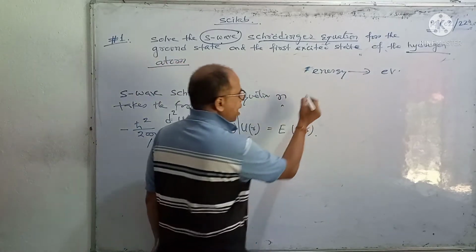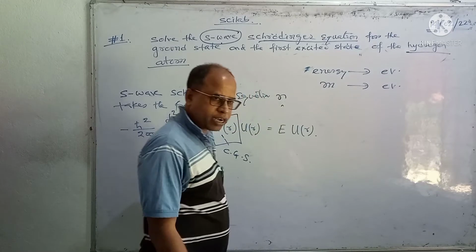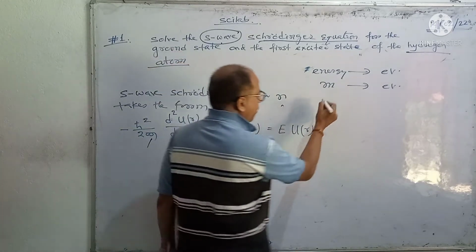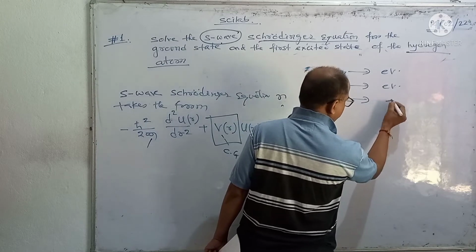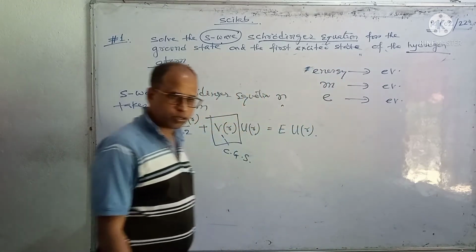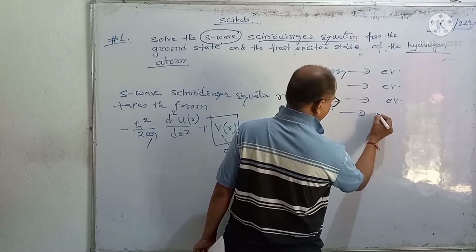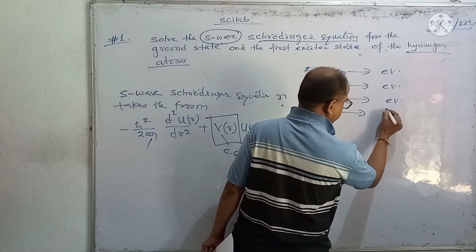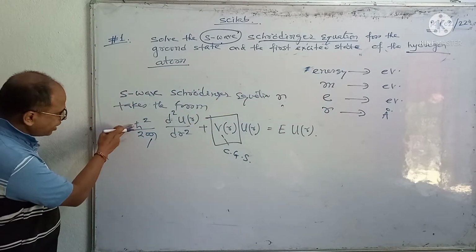Okay, and mass must be converted in electron volt. Okay, and your charge also has to be converted in electron volt. Okay, and radius is taken in angstrom.